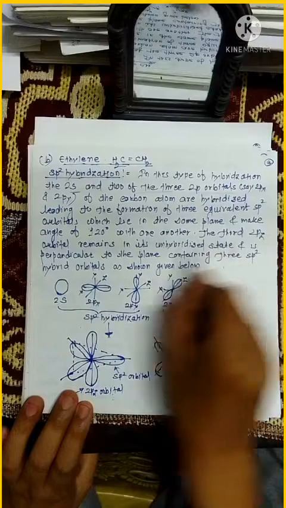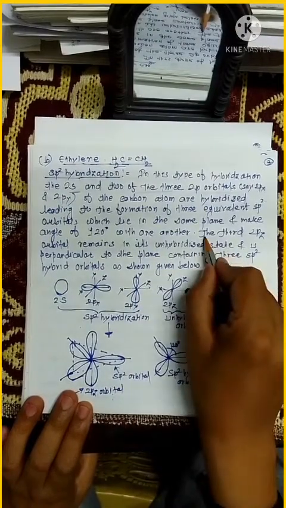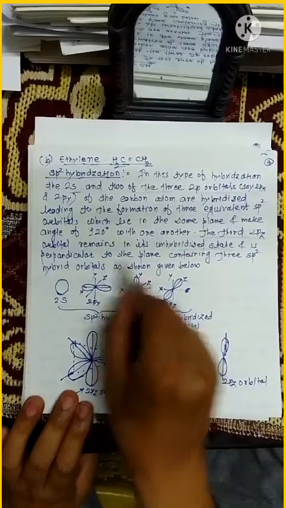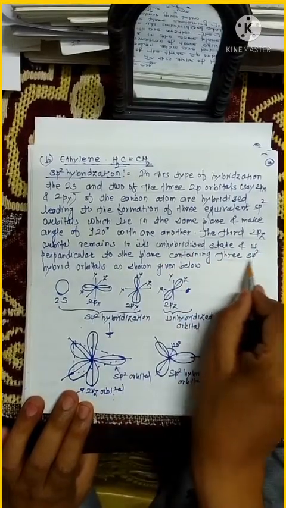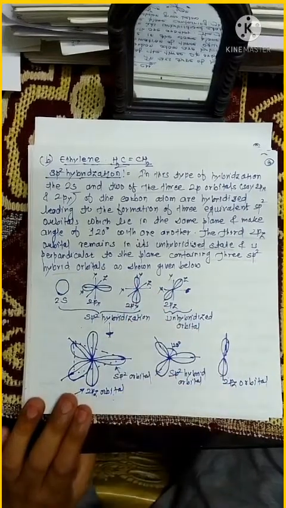The third 2pz orbital remains in its unhybridized state. It is important and is perpendicular to the plane containing the 3 sp2 hybrid orbitals, which are shown in the figure.